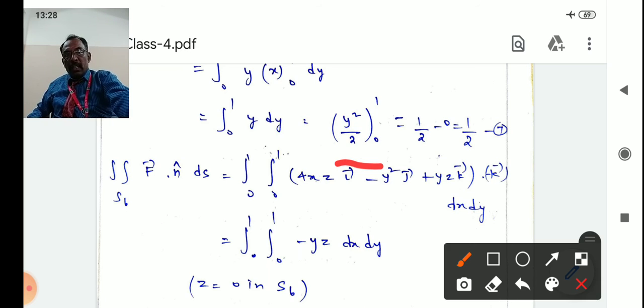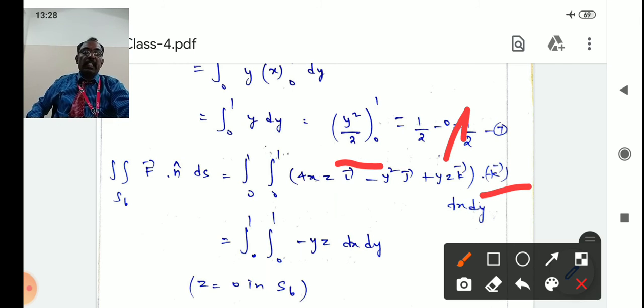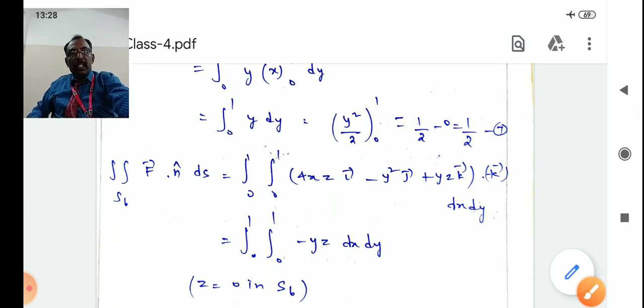Along S6, just compare with S5, what are the changes? Along S5, n cap is equal to plus k vector. Here n cap is equal to minus k vector. Now do the dot product of these two vectors, it becomes minus yz. Here, what is the value of z? Here z equal to 0.